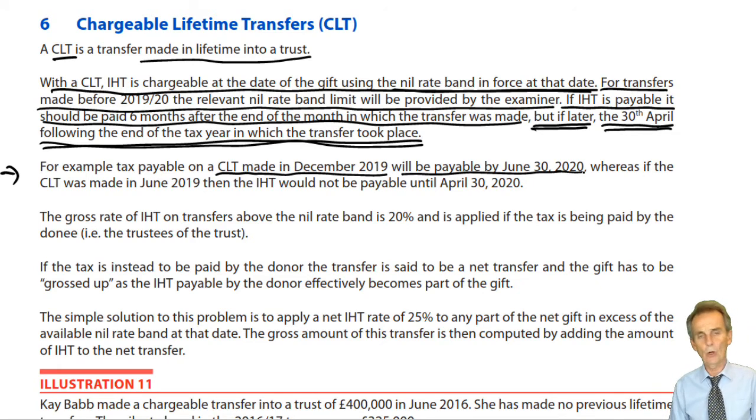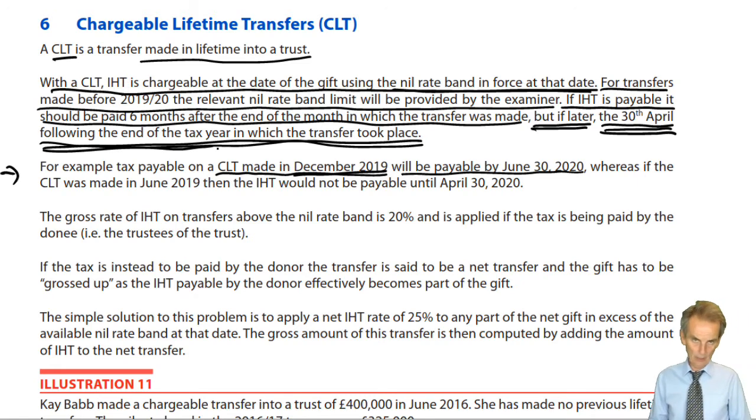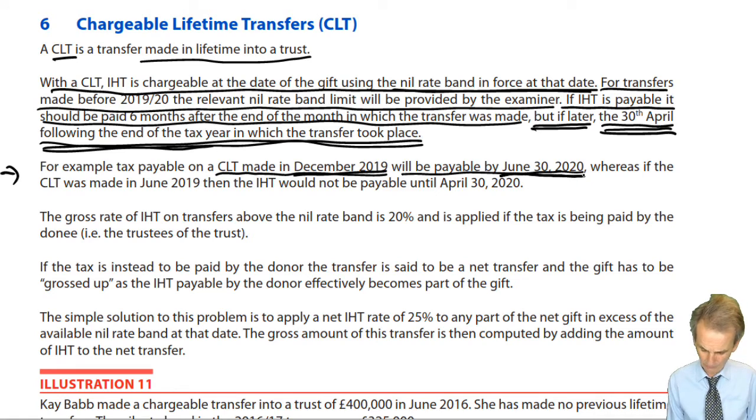Remember what the first rule was, 6 months after the end of the month in which the transfer occurred. The transfer was December 19, 6 months after that would be 30th of June 20. But if it had been later, we would have instead used the 30th of April following the end of the tax year. Well, that would have been the 30th of April 2020. That is not later. Therefore, June 30th is the later of the two dates. That is what you would use.